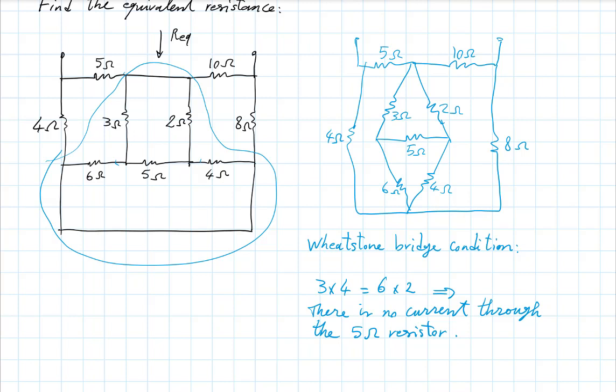They are in series, right? Although on paper they don't look in series, but if things are such that there is no current through the 5 ohm resistor, then those two are effectively in series.